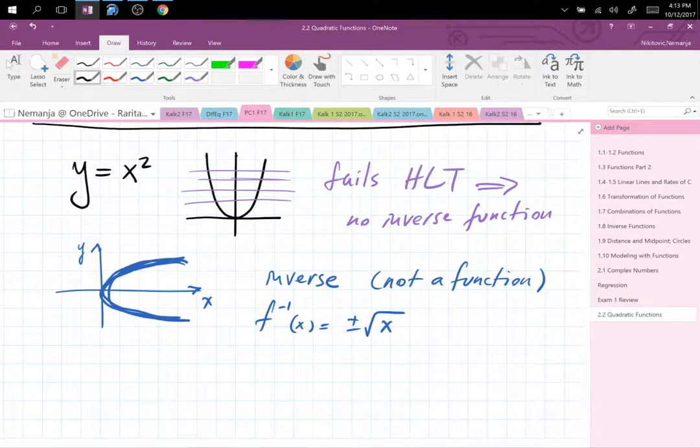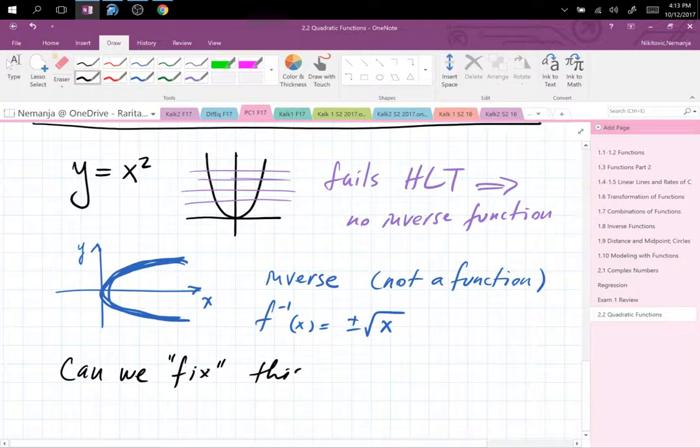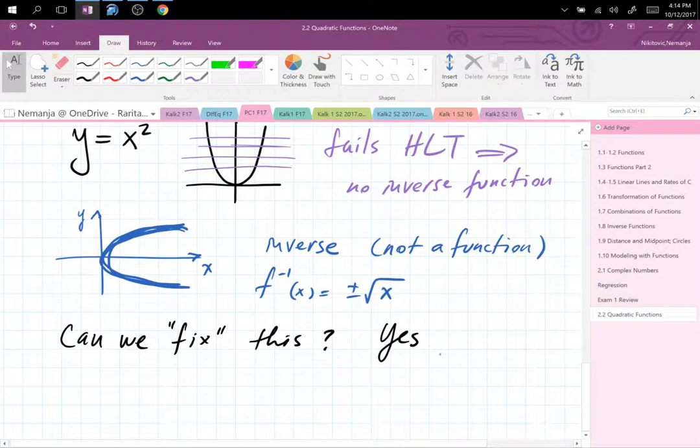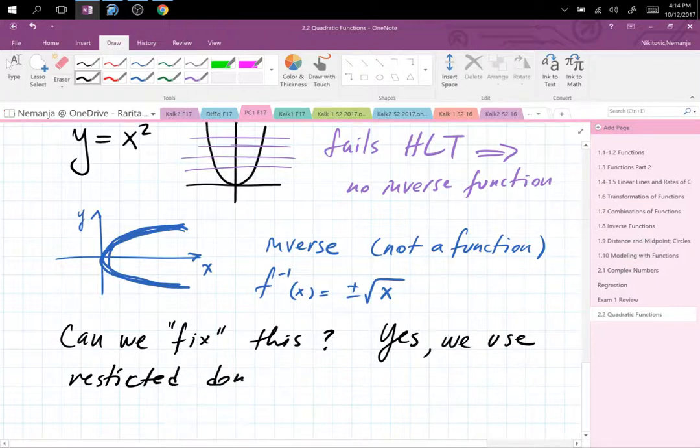Can we fix this? And the answer is yes. We use a restricted domain of 0 to infinity on x squared.